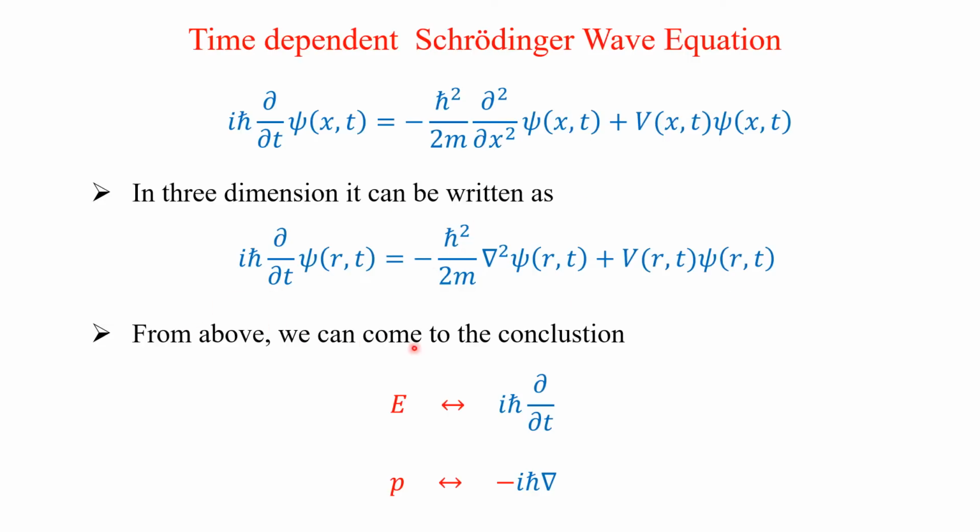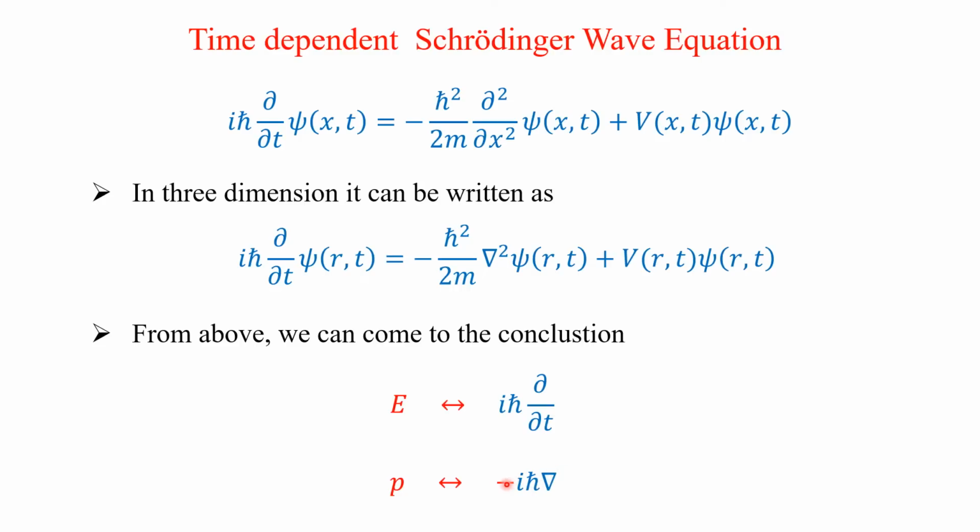From above, we can come to the conclusion that the energy operator is equal to i h cross delta over delta t. If it acts on psi, it will give the energy E. That is the meaning of this. Similarly, the momentum operator P is equal to minus i h cross del.